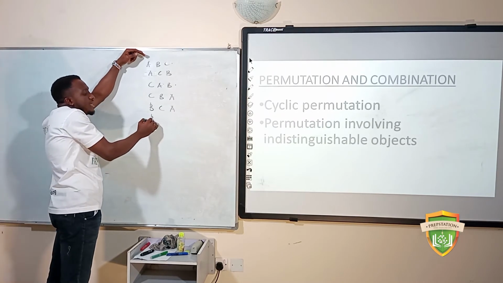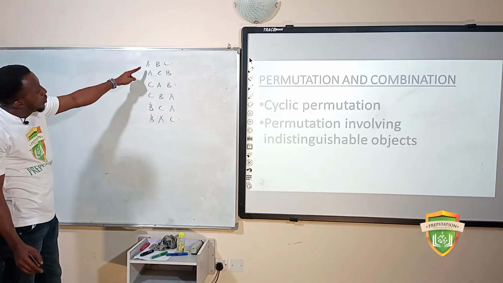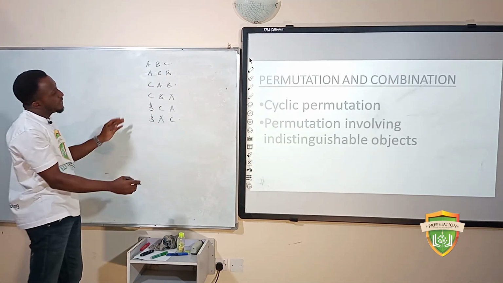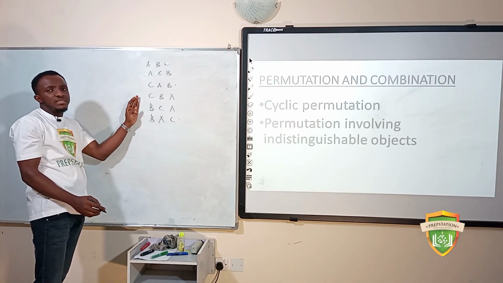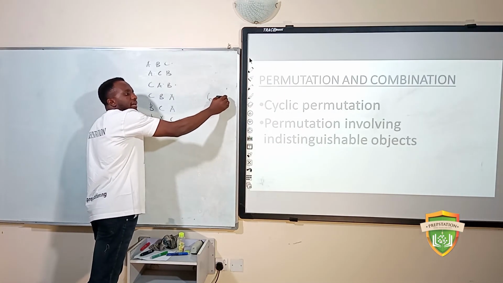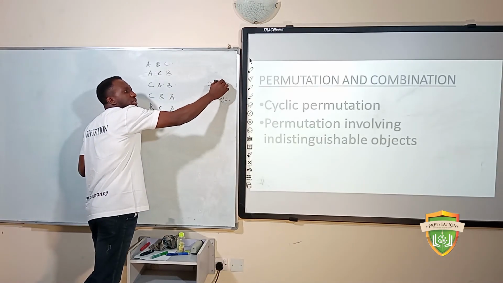I can also have B, A, C. Can you see? 1, 2, 3, 4, 5, 6. So if I'm arranging 3 different things, I can arrange them in 6 ways. If I'm arranging 2, I can arrange them in 2 ways.